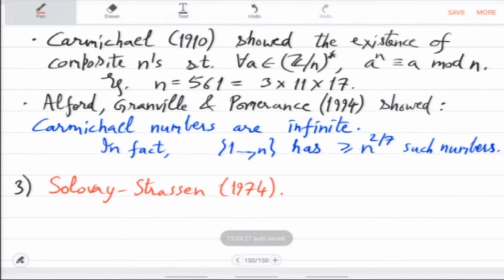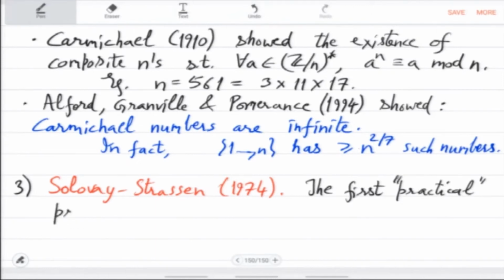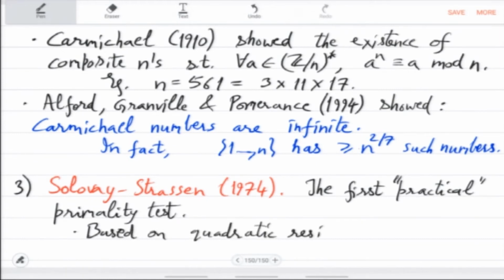That is the first practical primality test. It is based on quadratic reciprocity, the quadratic reciprocity property in prime fields.